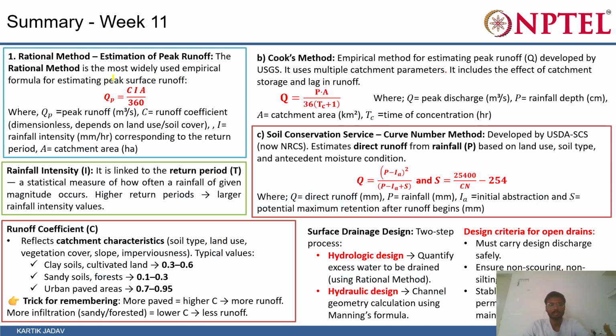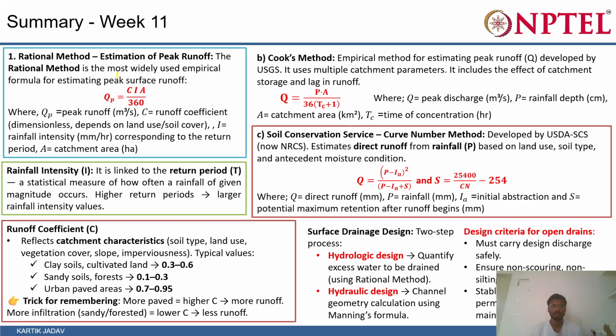Let me quickly revise what we covered last week. Last week we focused on drainage design aspects. First we started with what kind of runoff we are expecting on our fields. For that, various methods are available, and we looked at three major ones: the rational method, Cook's method, and the Soil Conservation Service curve number method.